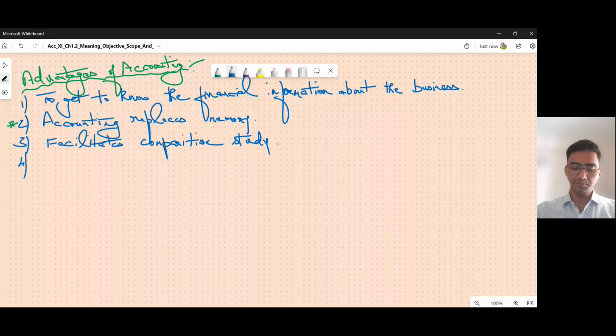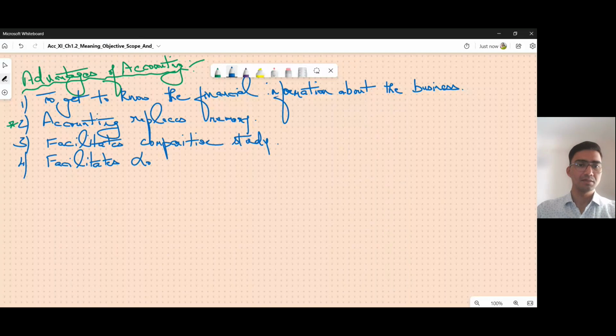The next, it facilitates loans. Facilitates loans means that it's easy to get a loan when we do accounting. Why? Because when we require to get a loan, say from a bank, then we need to show those people the books of accounts that we are maintaining.